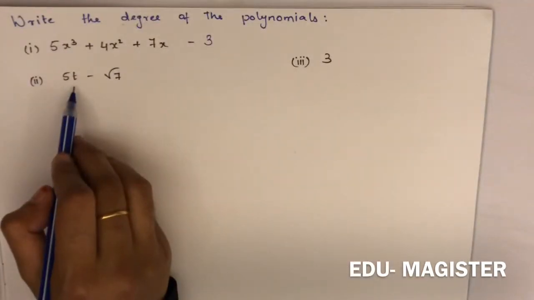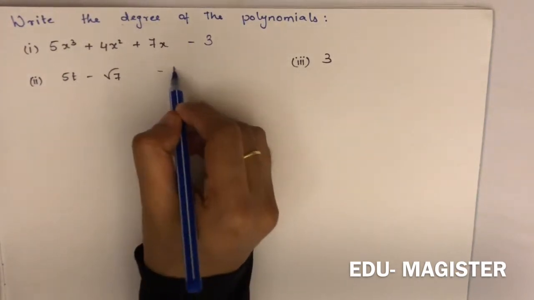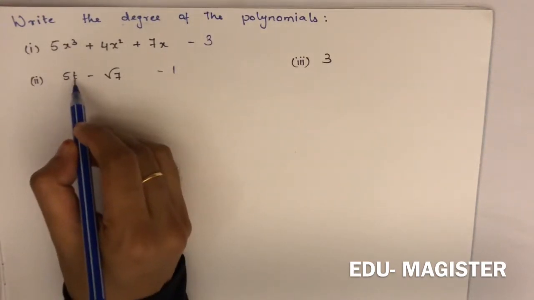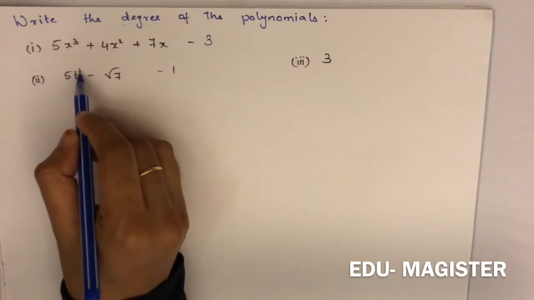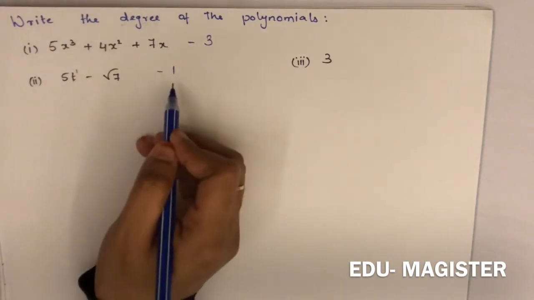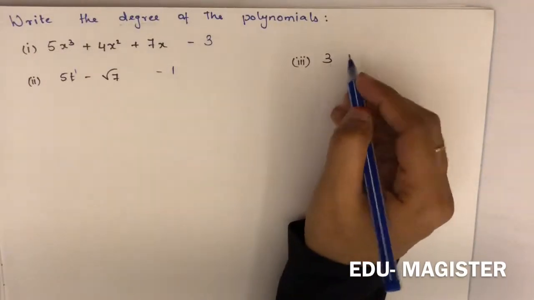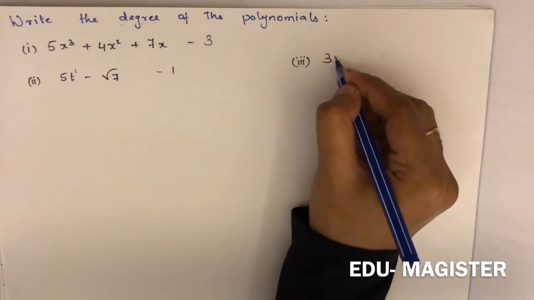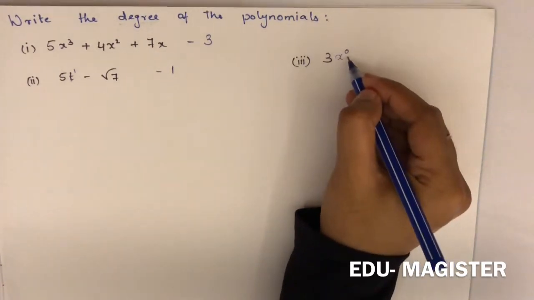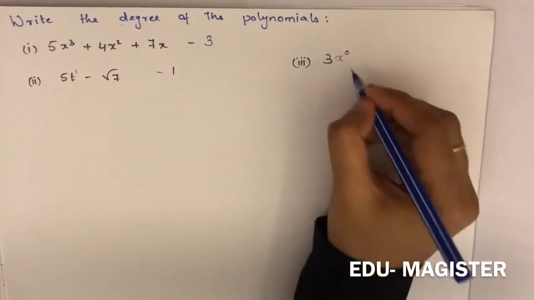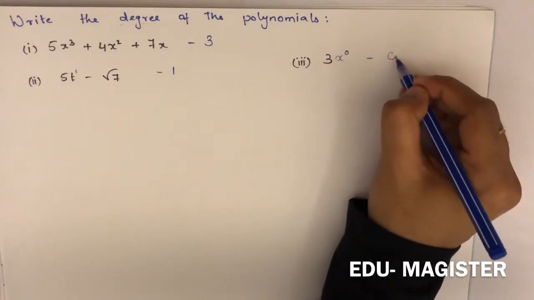In the next question, the degree will be 1 because it's 5t, so t raised to 1. That is the highest power of the variable. Thus the degree is 1. What about this question? We know this is a constant polynomial. For a constant polynomial, the variable has power 0. Thus, for this polynomial, the degree is 0.